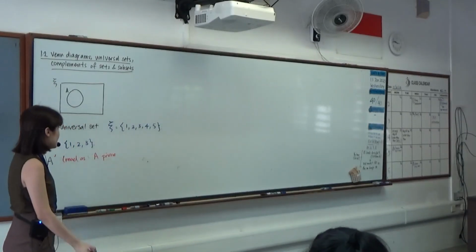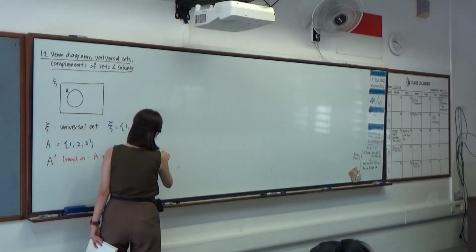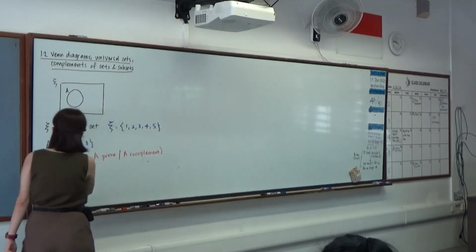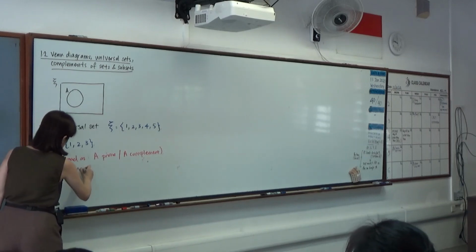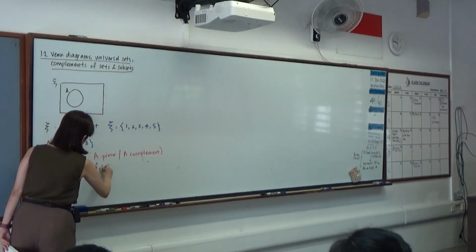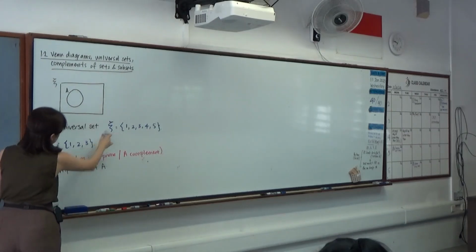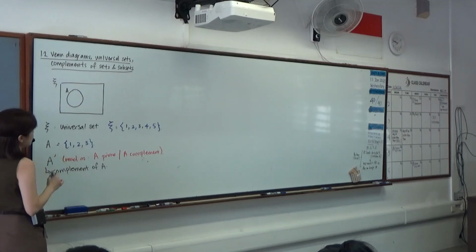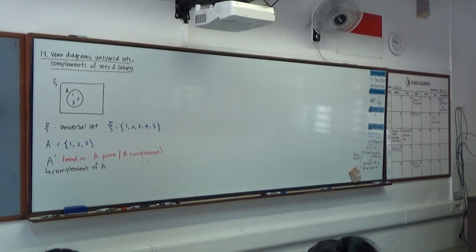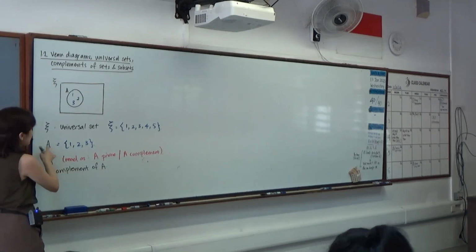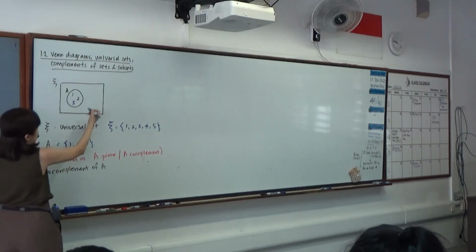We read it as A prime, or you can read it as A complement, or complement of A. In this example, if A contains elements 1, 2, and 3, I will put the elements inside A. The complement of A are the things found inside the universal set but outside of A, and that will be 4 and 5.